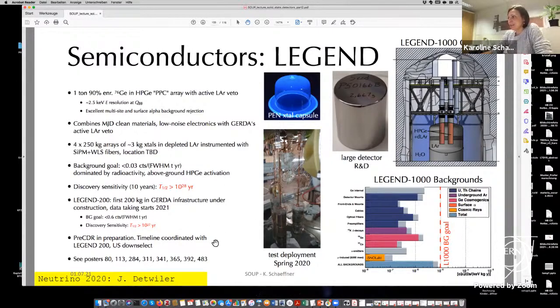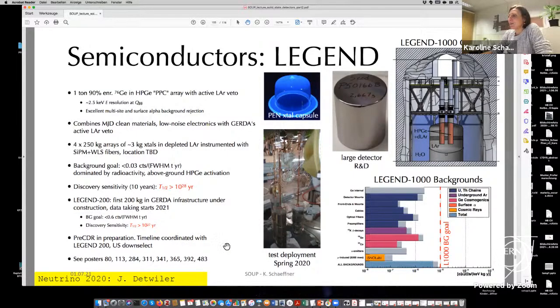The first phase, LEGEND 200, will be done at Gran Sasso, at the moment in the commissioning phase. They would like to arrive at a half-life of 10 to 27 years in this next stage, and then larger than 10 to 28 for the stage afterwards.